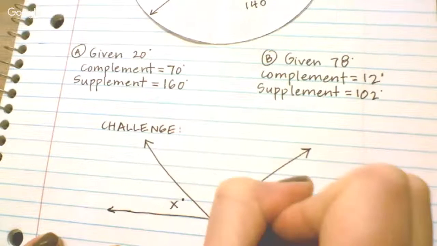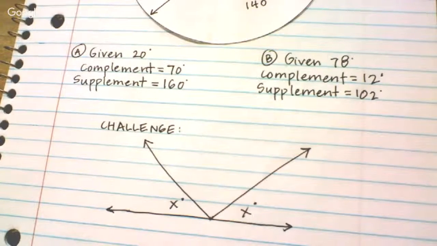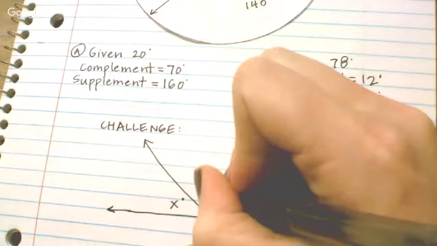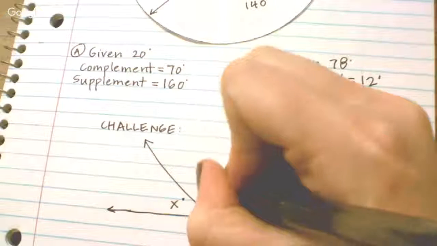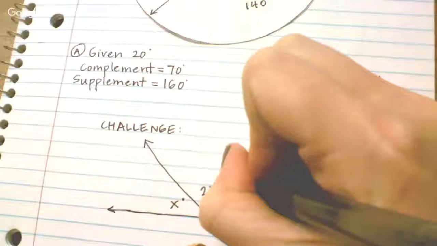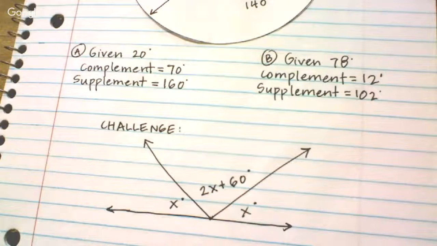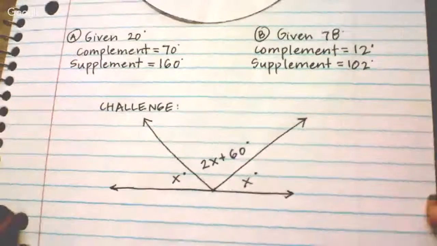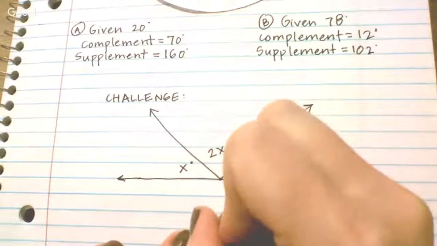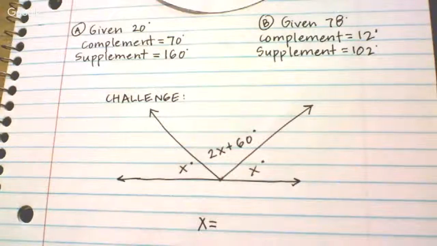This angle is equal to x degrees. This angle is equal to 2x plus 60 degrees. So your challenge is to figure out what does x equal.